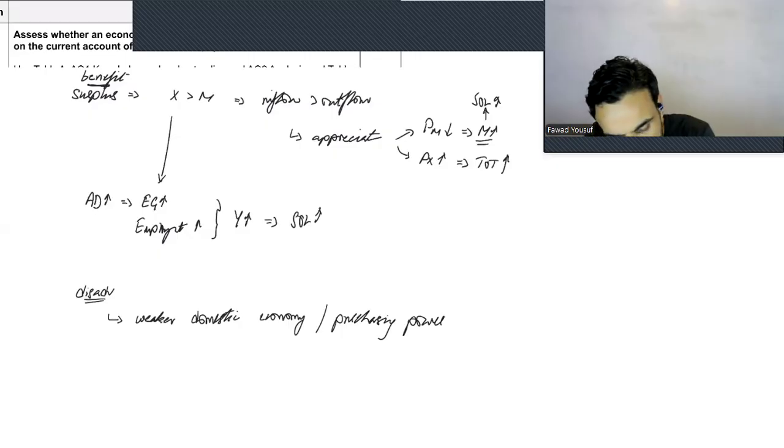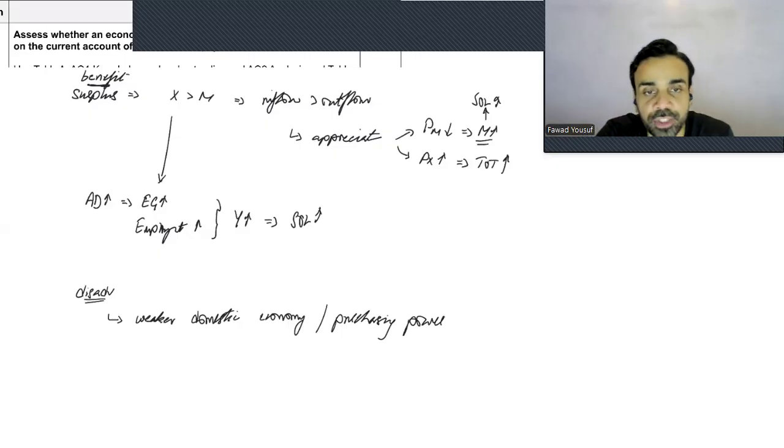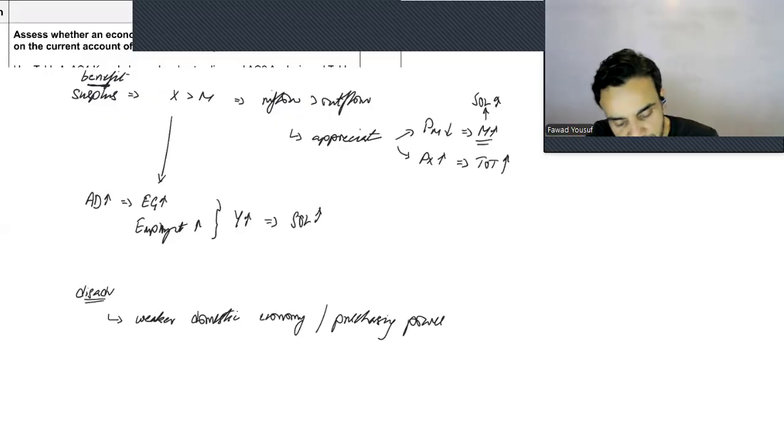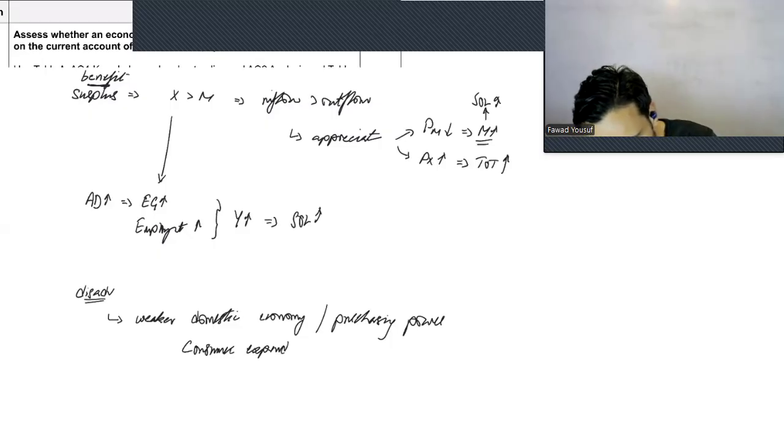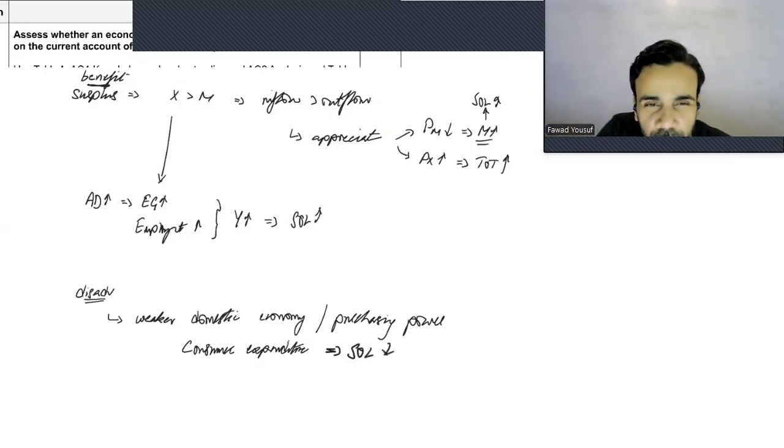So people do not have the ability to buy these goods, right? So they are consuming less. Their domestic consumer expenditure is sort of low. And because of that, we could say that people's standard of living is not that great.